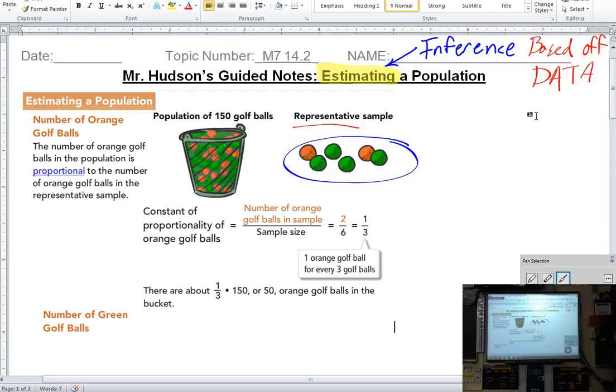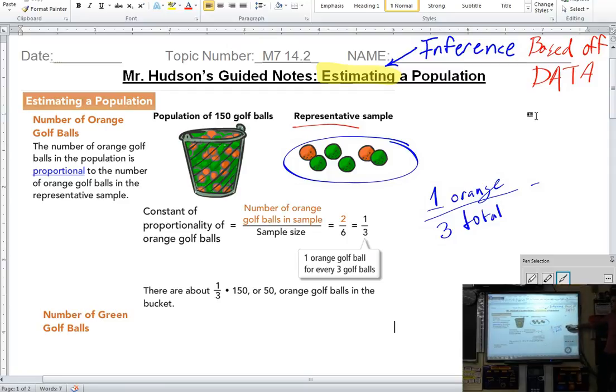Well, it's kind of done out on the paper for you. So it tells me if I compare orange to my sample, I've got 2 out of the 6, or a third of them are orange. So that tells me 1 out of every 3 will be orange. So I could say 1 orange compared to 3 total. That doesn't mean compared to 3 green. It means 1 orange compared to the total.